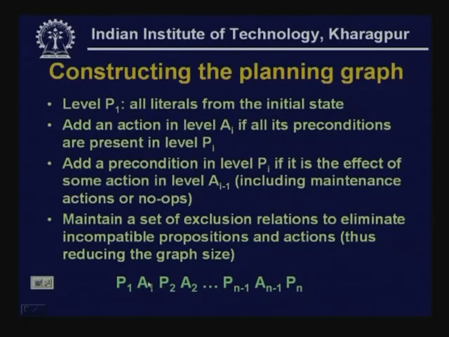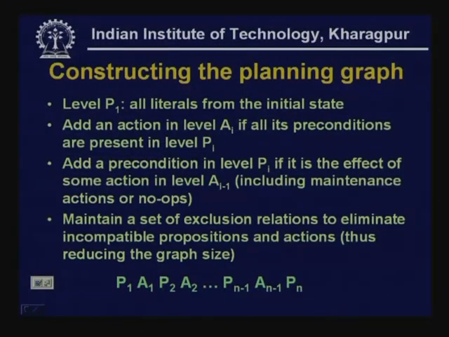So, how do we construct the planning graph? At level P1, we have all the literals which are given in the initial state. In a planning problem, you are given all the propositions that hold in the initial state, and you are given a partial description of the goal state, and you are required to find a plan which achieves the goal state.